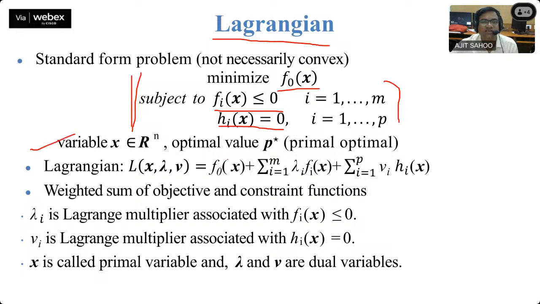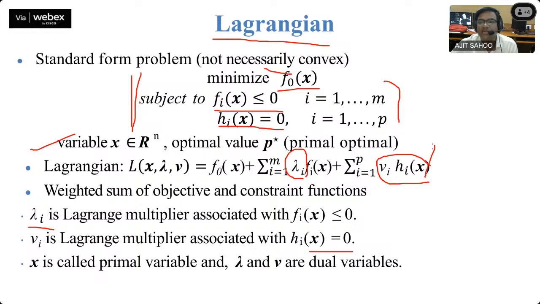To form the Lagrangian, you take the objective function and add the weighted sum of the fi of x and weighted sum of the hi of x. And this lambda i is the Lagrangian multiplier associated with fi of x less than or equal to 0, and nu i are the Lagrangian multipliers for hi of x equal to 0.